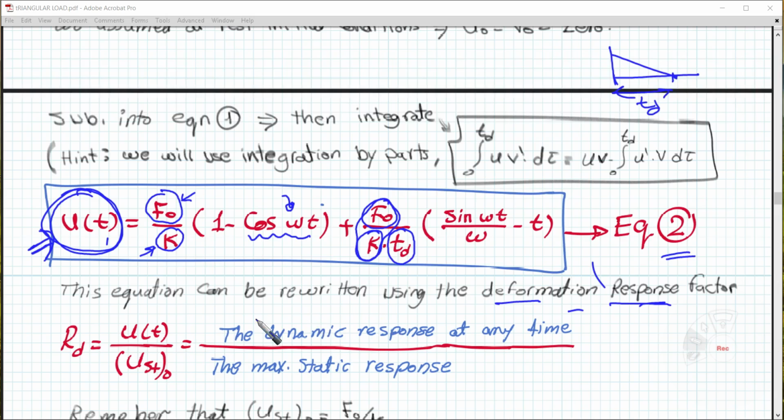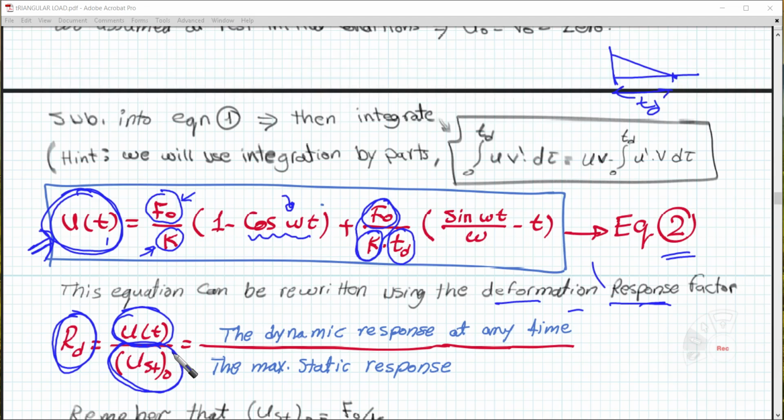In short, we give it the abbreviation RD, and it equals U of t, which is the dynamic response of the system, over the maximum static response of the same system.